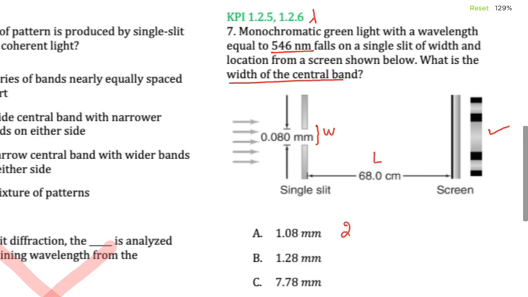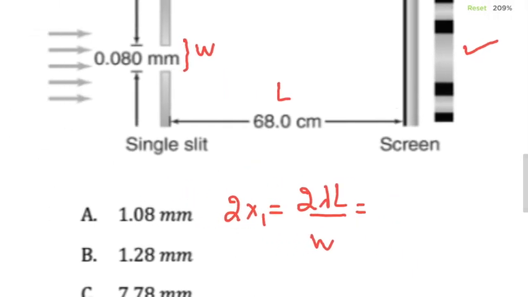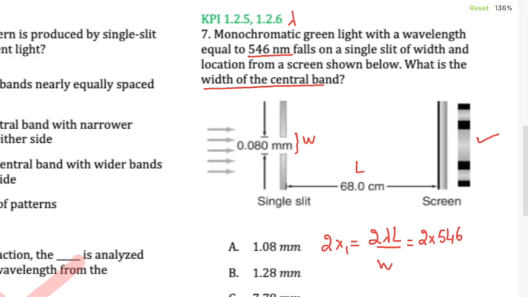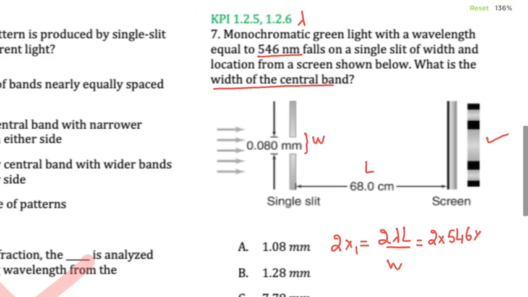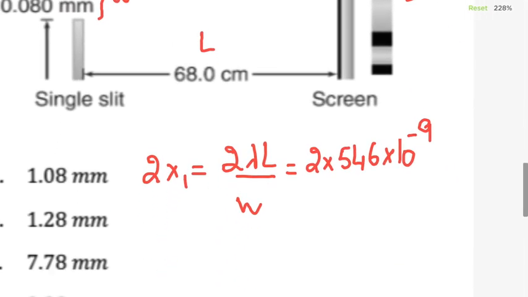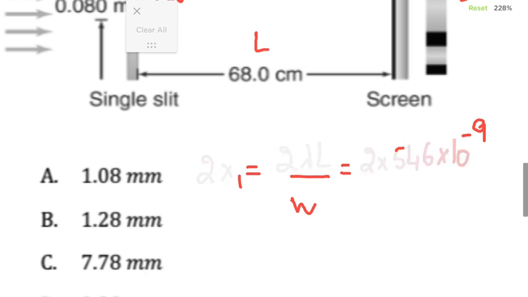So basically it is by applying this equation, 2 lambda L over W, replacing everything by its value, 2 times 546, it is in nanometers, so I'll multiply by 10 to the power of -9.